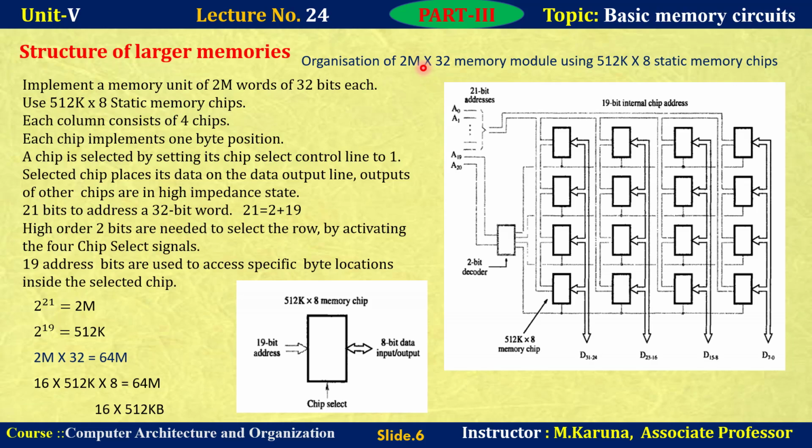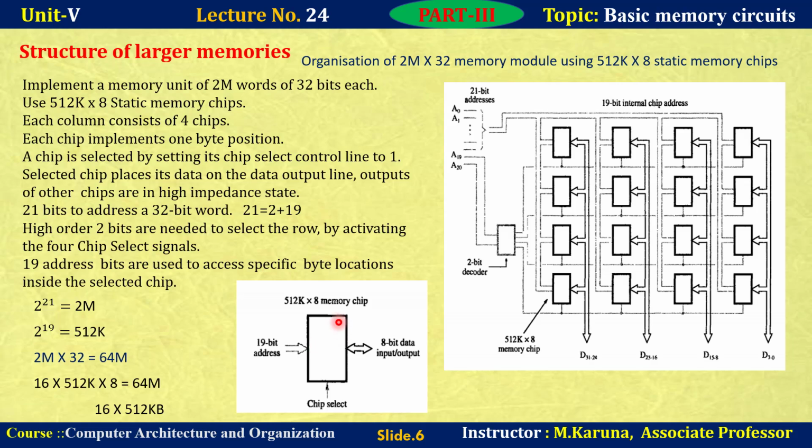Let us see how a 2M x 32 memory module can be organized with the help of 16 512 KB chips. First, the structure of 512K x 8. To address 512K memory locations, we need 19 address lines. That's what is mentioned here, a 19-bit address bus. This is the 512K x 8 memory chip.